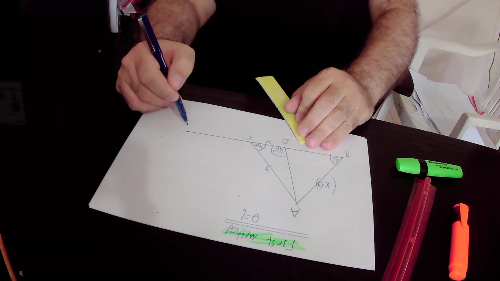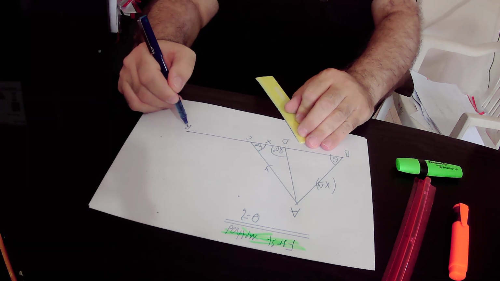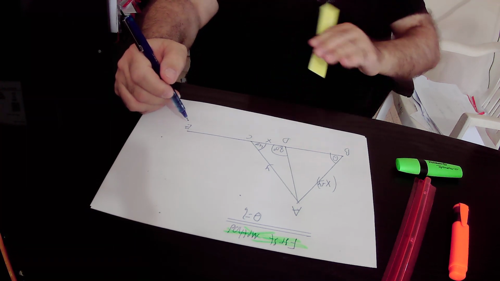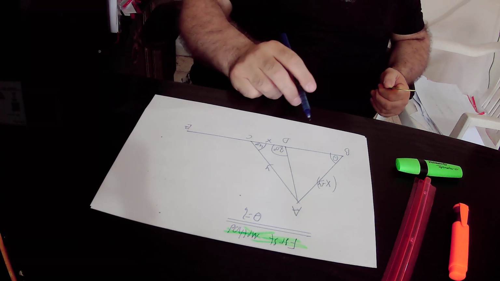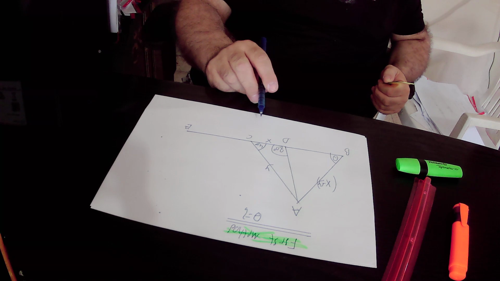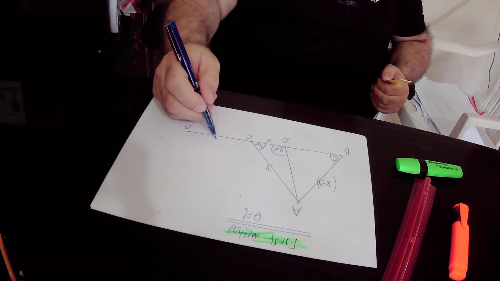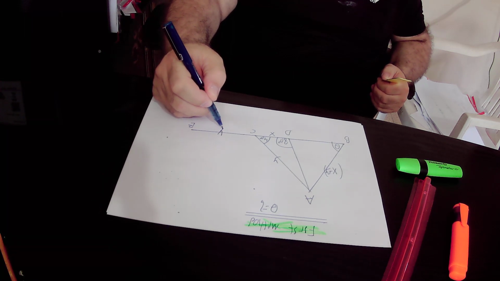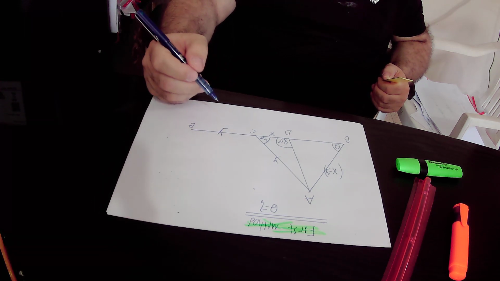If this point is point E, then we actually extended side BC in such a way that the length of CE will be equal to y units. So CE equals y according to our construction.